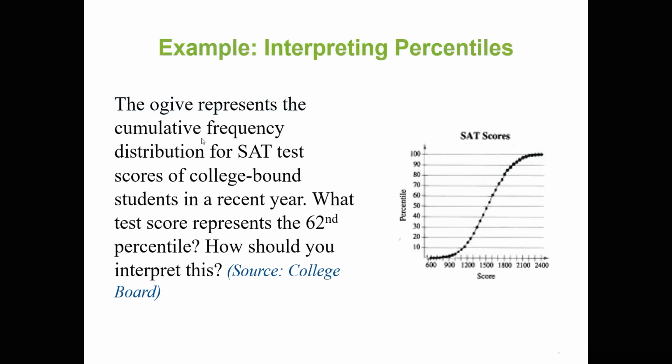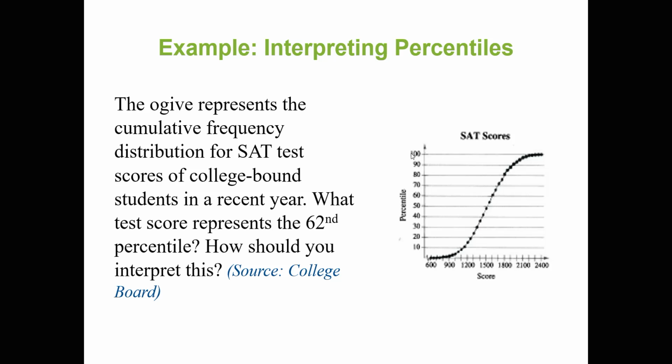Now let's take a look at this example of a percentile. For the percentile, we generally use the cumulative, or what we did a few lectures ago, the ogive. Now with the ogive, you are not using the frequency here, but you are using the relative frequency. You have the score, and here you have the relative frequency.